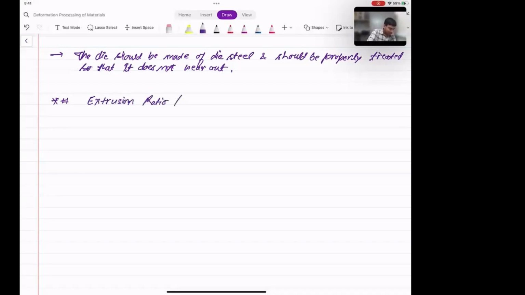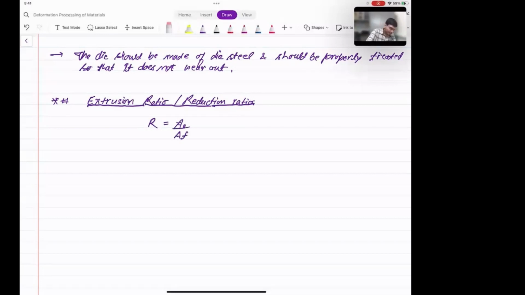This is nothing but the ratio of initial cross-sectional area to the final cross-sectional area, and it is denoted by capital R.